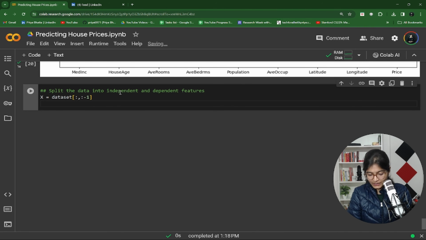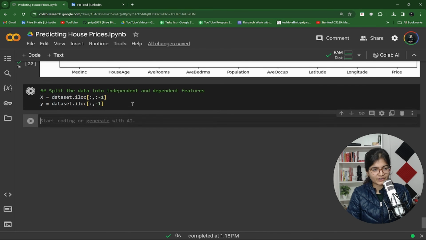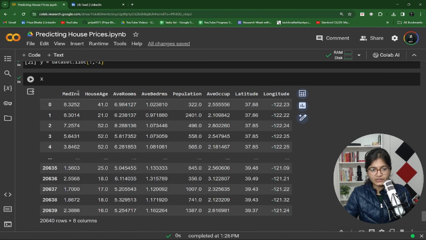This is x. What is y, which is the target? Here I'll take dataset.iloc, because we are taking with the help of the index numbers. Here I'll take all the rows and only the last column. Let's see what we get from this part. If you observe the value of x, you have all the rows and all the columns except the last column.